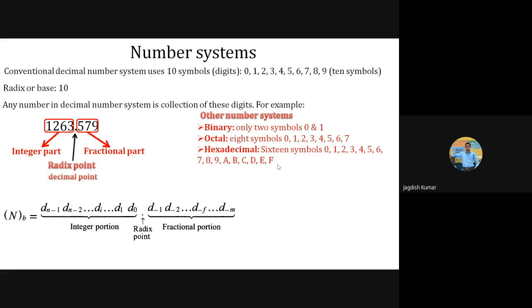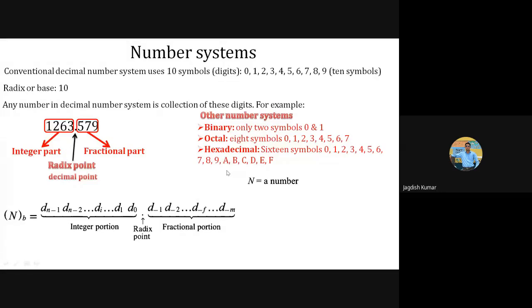Fine. So in general, suppose we have a number in any number system. How can we represent a number in any number system to a base B? In this case, B will be 10 for a decimal number system, 2 for binary, 8 for octal, and 16 for hexadecimal.